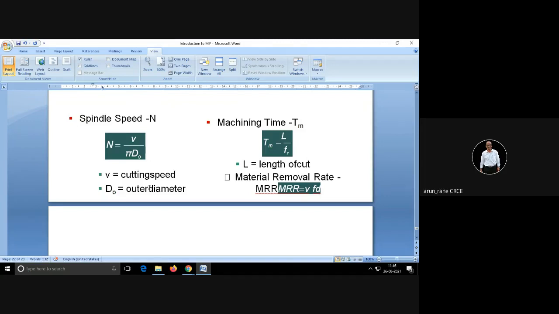Another formula from numerical point of view is V is equal to pi dn. V is equal to pi dn. So V is nothing but the cutting speed or cutting velocity, pi, and d is nothing but the diameter, and n is nothing but the revolutions, that is RPM, revolutions per minute.